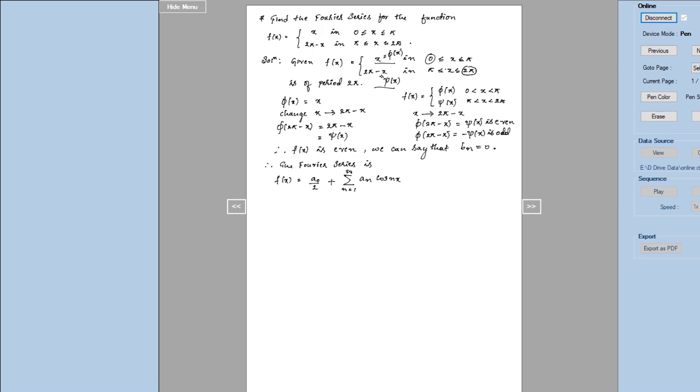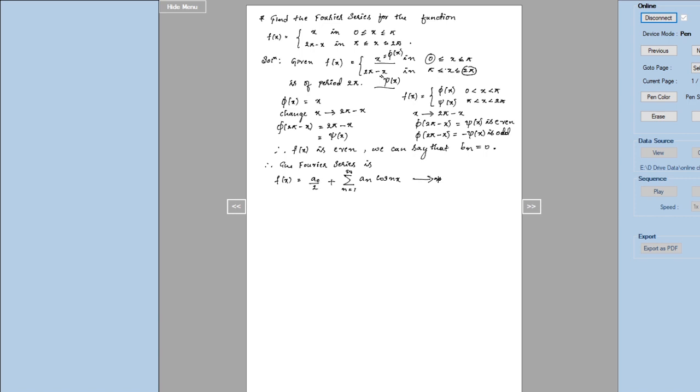Since it is period 2 pi, we define it as cos nx. And as bn is 0, no need to write the bn term, so we'll name this as equation star.